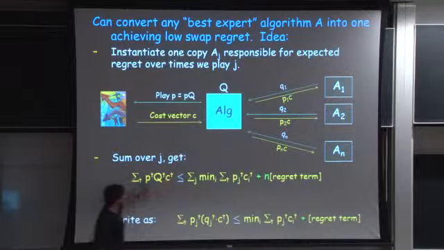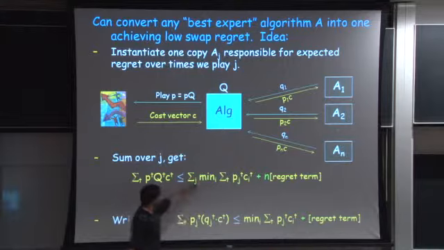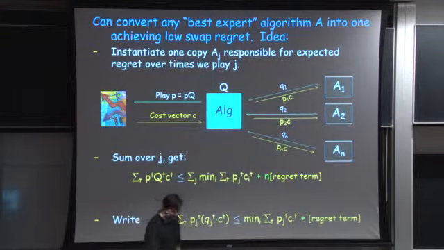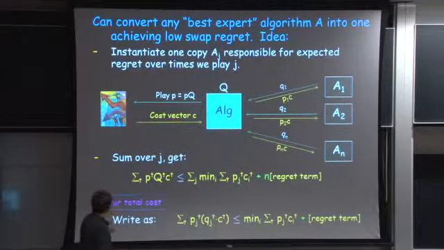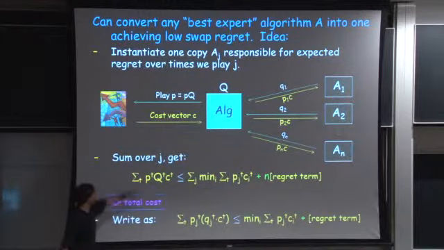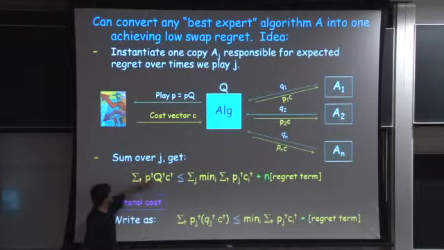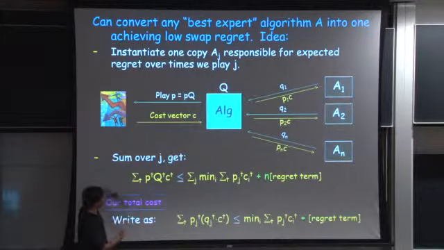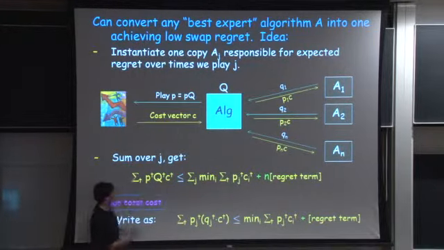So it's this thing here. Add up these guys, it's sum over j, min over i. Now, here's the nice thing. This is actually our total cost, because we played according to P, which is the same as P times Q. So this is P, a row vector, times matrix, times column vector. So this is PC. This is our cost, summed over all time.